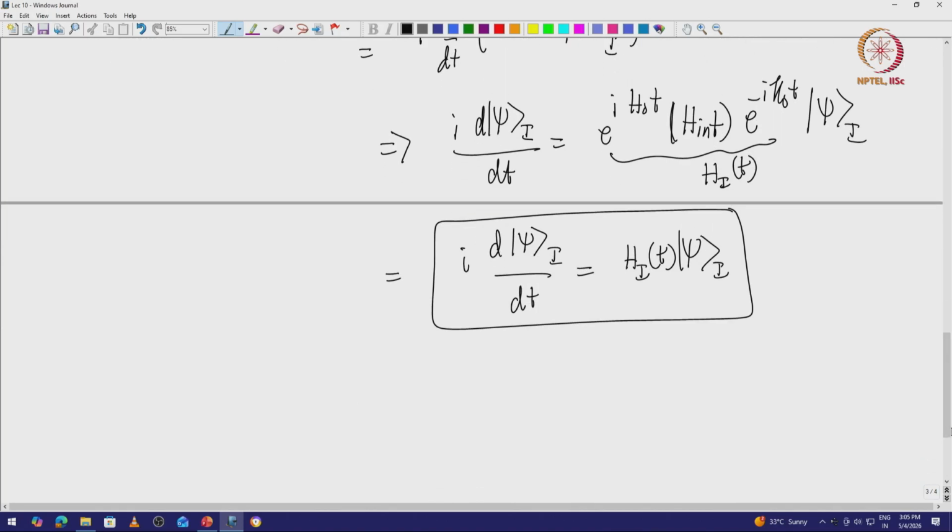Now we want to solve this. This is the most important equation. If I know how to solve it, I have a solution for the interaction picture, for how the states evolve.